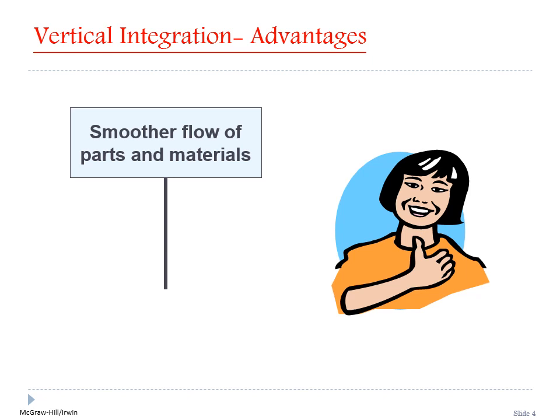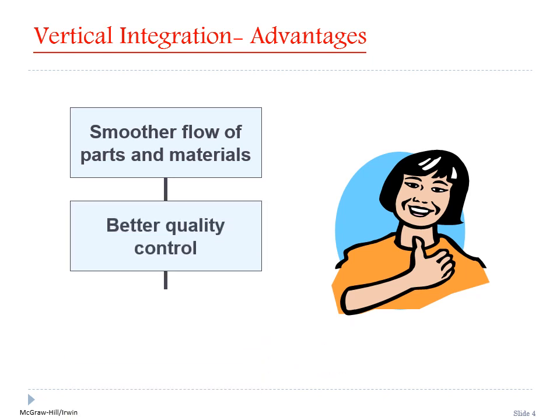Another advantage. Also, some companies feel that they can control quality better by producing their own parts and materials rather than by relying on the quality control standards of outside suppliers. One more advantage.